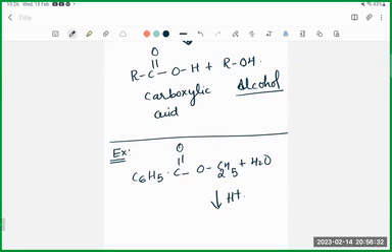Hridaya, tell the product. C6H5, C double bond OH. OH, very good. Plus C2H5OH. Yeah, good.